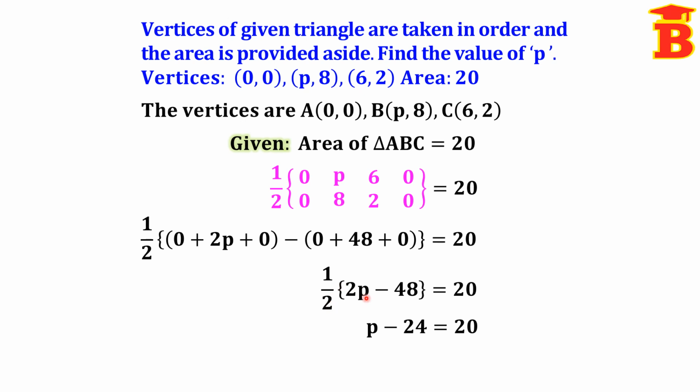So we get p minus 24 equal to 20. This minus 24 take right side plus 24. So adding that we get 20 plus 24, 44. Therefore the value of p equal to 44.